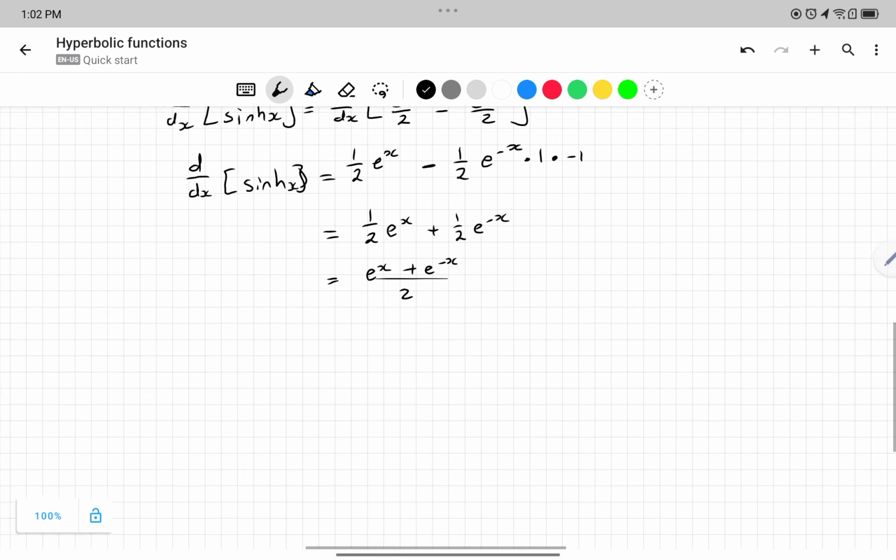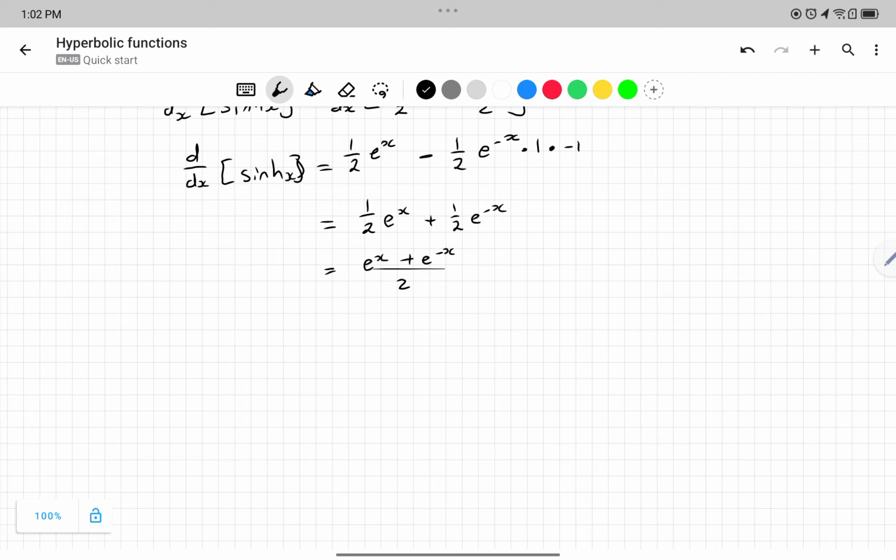And what we saw from the definition of hyperbolic cosine is that this is equal to hyperbolic cosine. So the derivative of hyperbolic sine x is equal to hyperbolic cosine x. And the same is true the other way: the derivative of hyperbolic cosine x is equal to hyperbolic sine x.